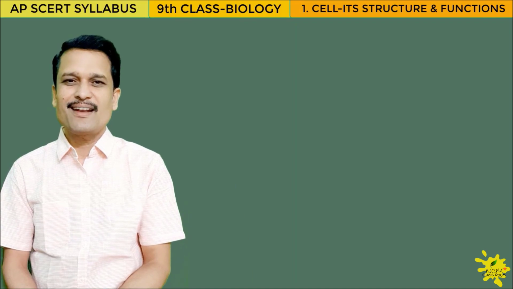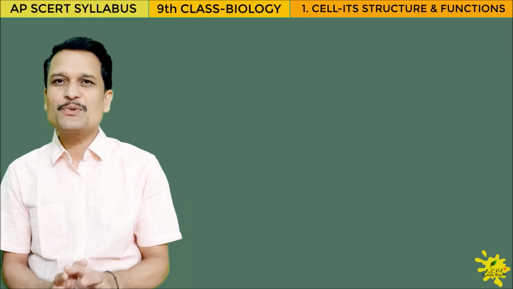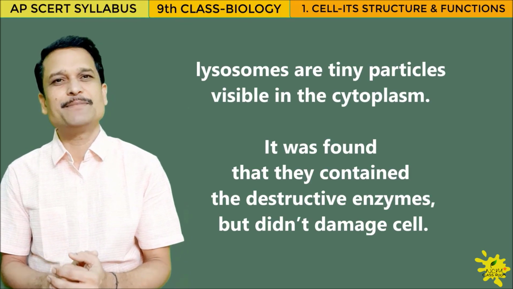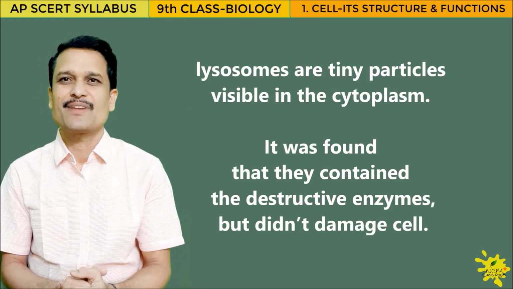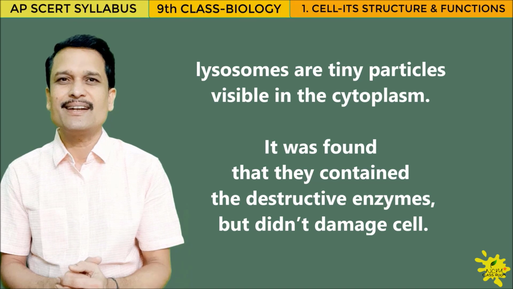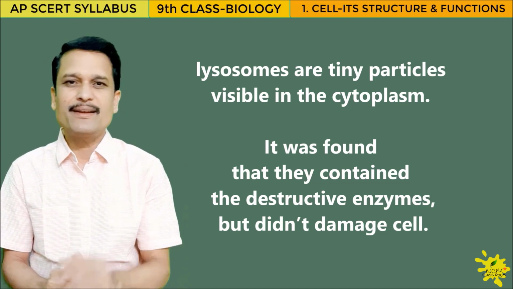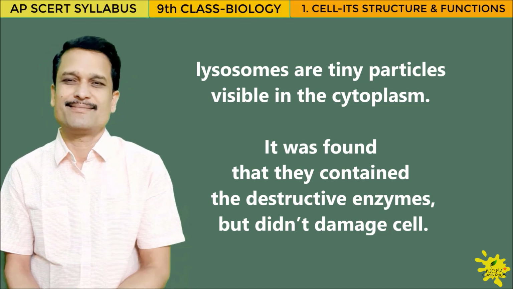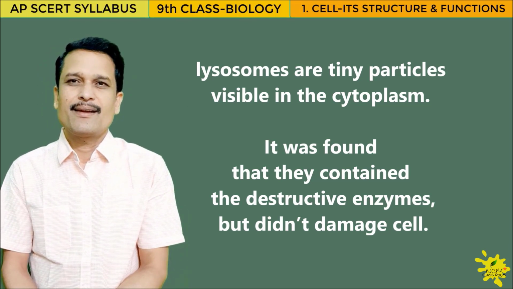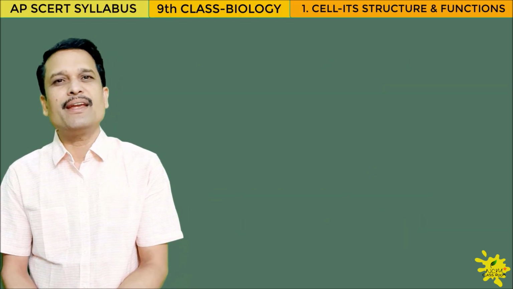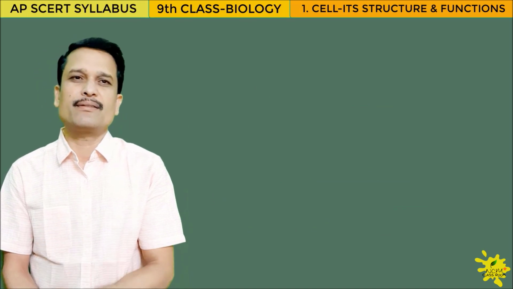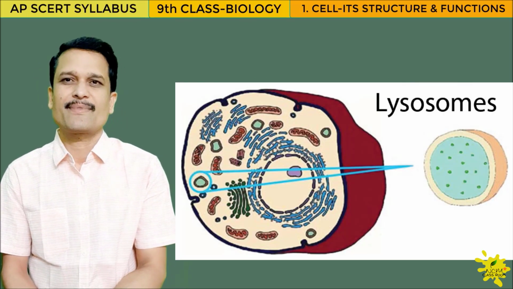Another topic is the lysosome. Lysosomes are tiny particles visible in the cytoplasm. It was found that they contained some destructive enzymes, but they did not damage the cell. These enzymes normally do not come in contact with the rest of the cell.